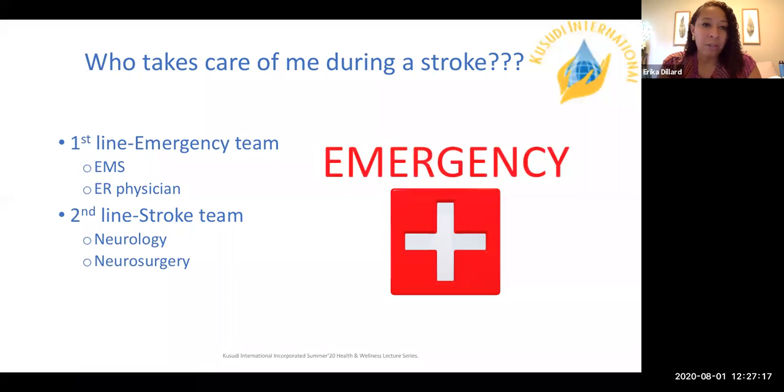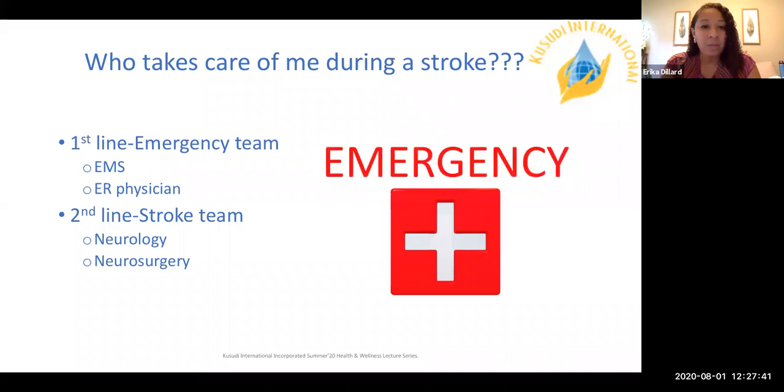Those are your emergency medicine techs, and they are well equipped, knowledgeable, and trained in being able to recognize symptoms of stroke. They're also the first line that will alert the hospital that, hey, I have a patient that I'm concerned is having a stroke. Can we go ahead and mobilize our care team so that when they get there, it decreases the amount of time that it takes for them to get the appropriate care.